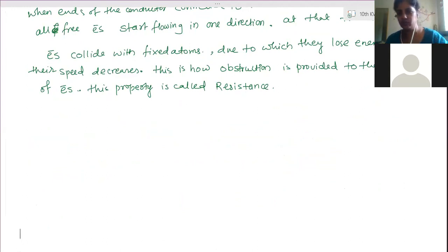For that, you need to know the law called Ohm's law. Fine. Ohm's law we have to learn.